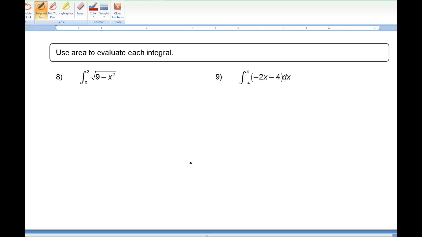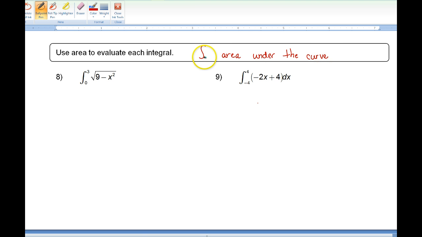So the other part of what we covered before the break was just kind of an introduction to the definite integral. So this is an integral sign. Remember we talked about it as like an elongated S, representing the sum of the area under the curve.